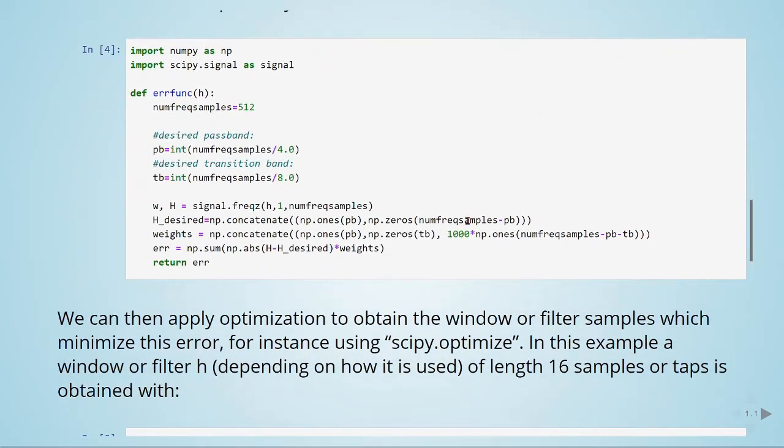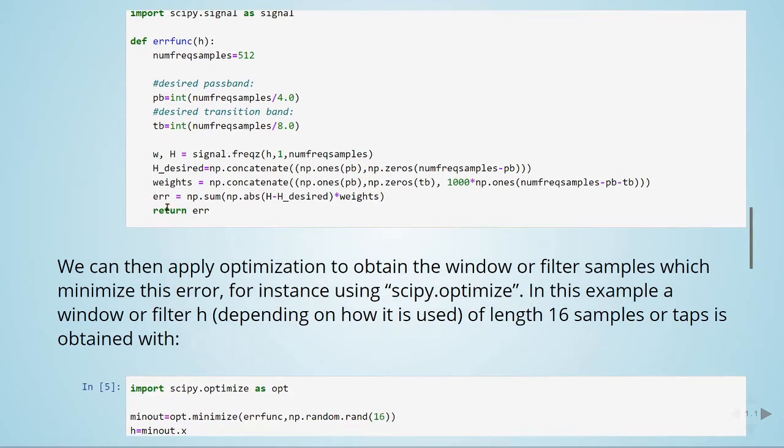In this case we are multiplying this part here by 1000, and our error will be the sum of the absolute value of H, our frequency response, minus the H desired that we defined here, multiplied by the weights.